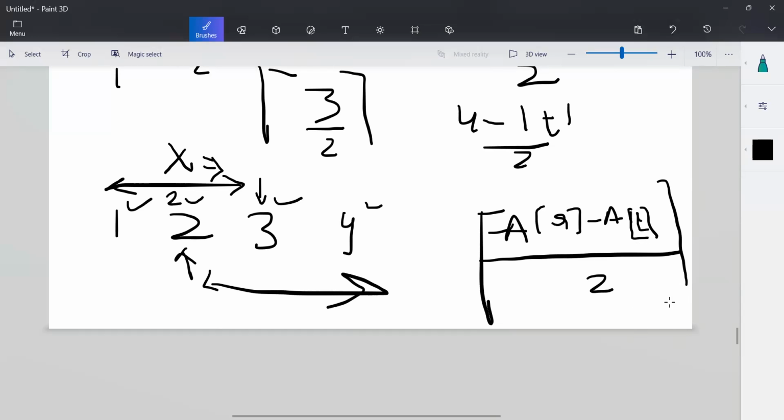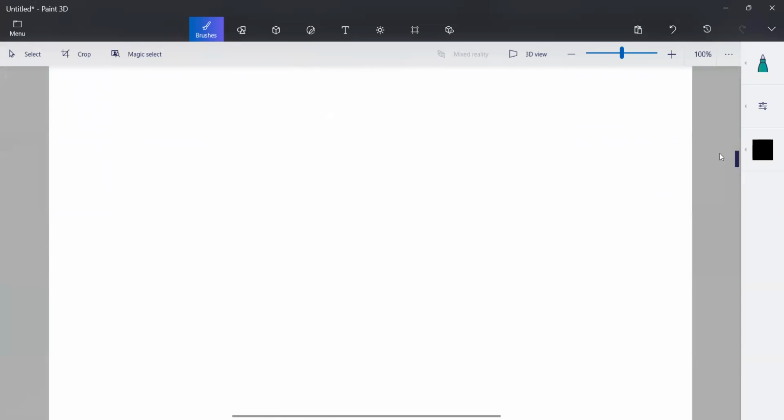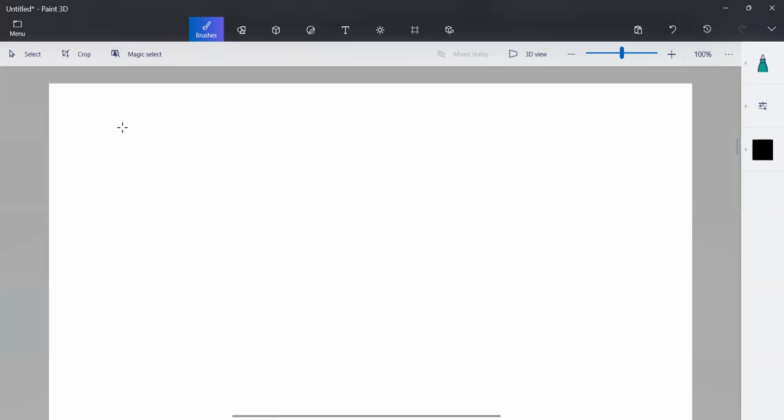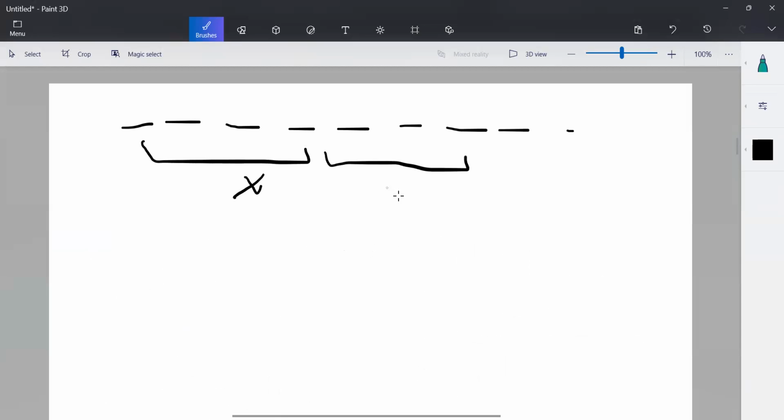Yes. Okay. So now, where we were: if we have this array and person X took these values, the second person Y took these values, and the third person is responsible for the values present here.